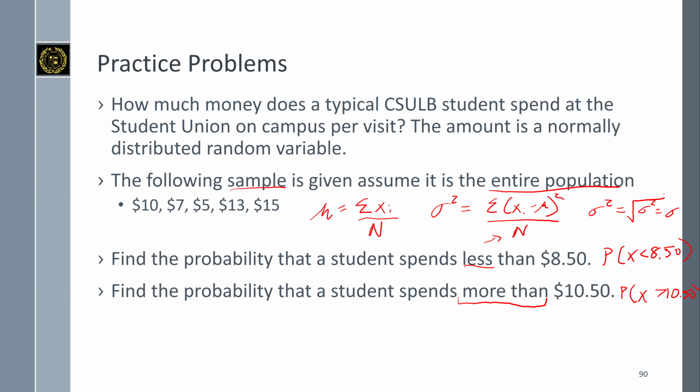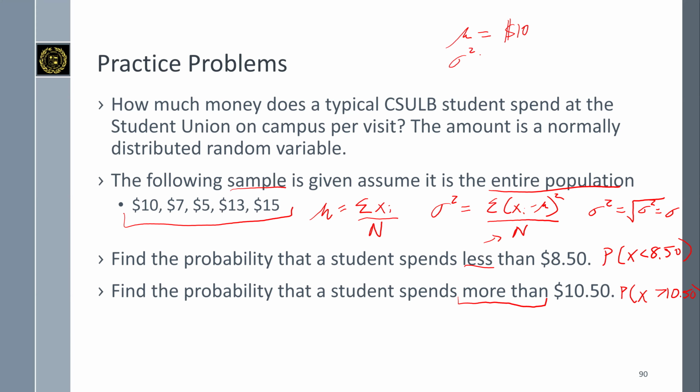So you're going to be using these values. You know how to use the summation operators. You know how to find the values for this. So I'm going to put up the answers up here on the screen. You can double check your work. So the population mean after you do the calculations should be $10.